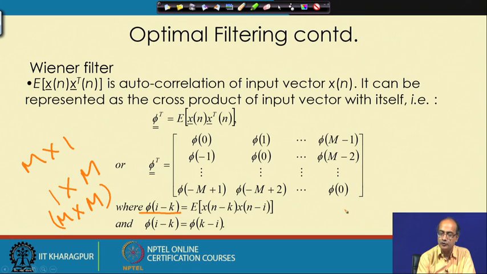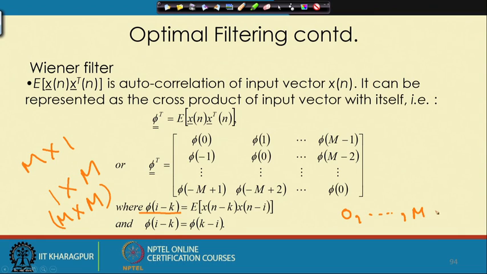If we have the values starting from 0 up to m minus 1, that would be sufficient to populate this matrix. Okay. So, that is the first initial description about that optimal filter. Thank you.